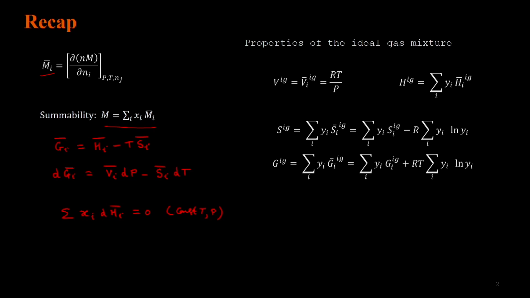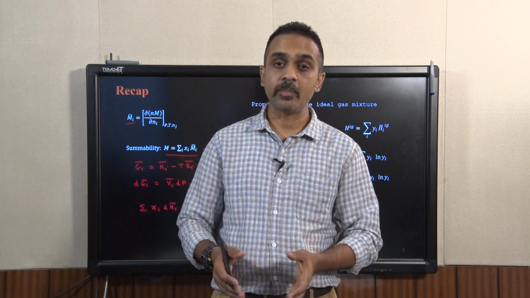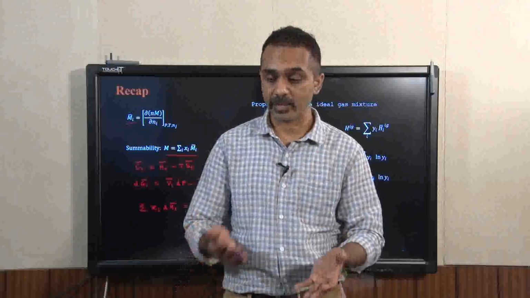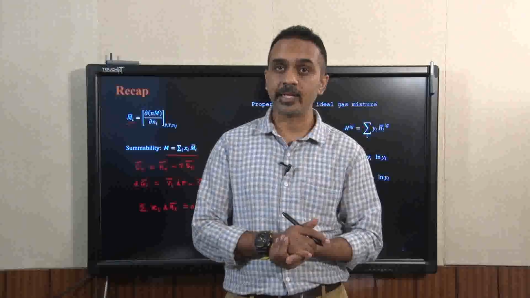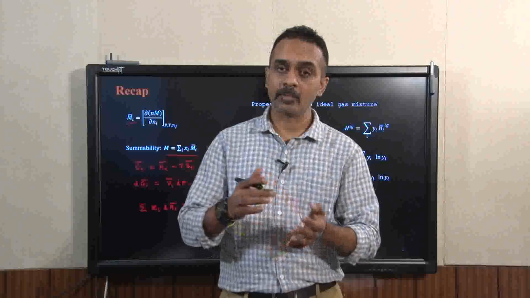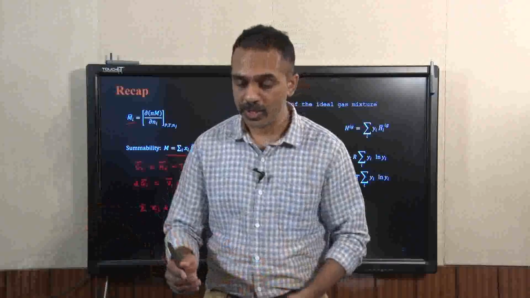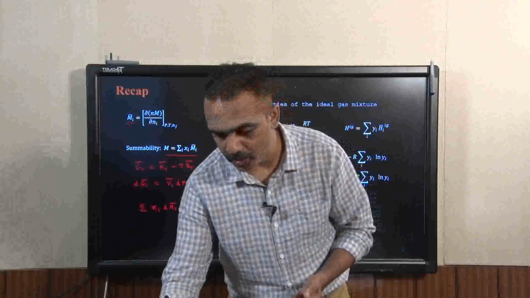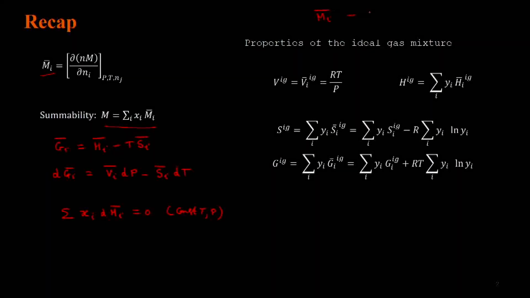Once we identified these relationships, we went on to look at how the partial molar properties in a mixture themselves are going to be related to the properties of the pure species, or in other words, how Mi bar is going to be related to Mi.